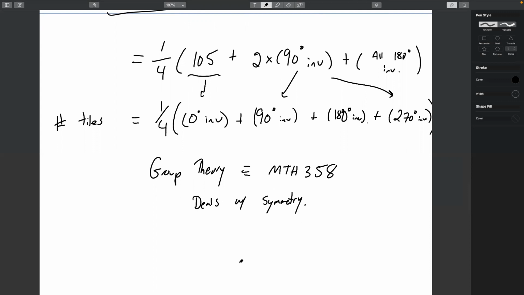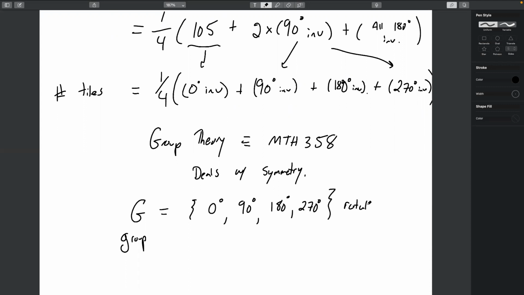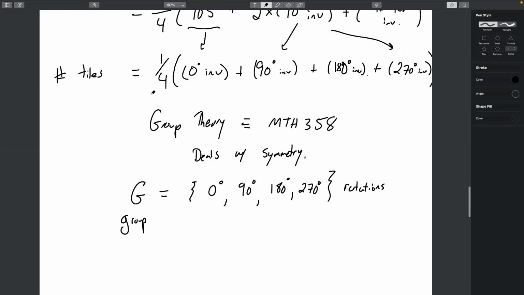And here we do have a symmetry group. We've got the symmetry of rotations of the square, right? So our group is the 0 degree, 90 degree, 180 degree, and 270 degree rotations. And this has 4 elements.